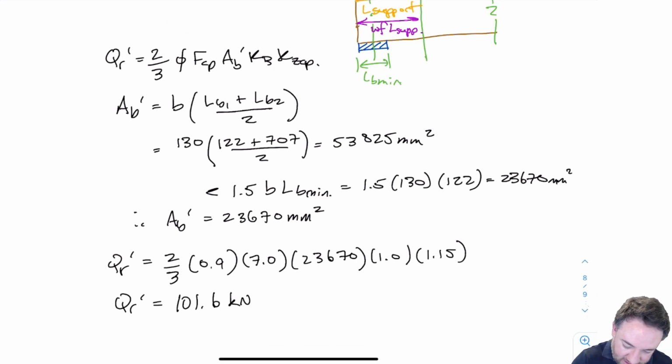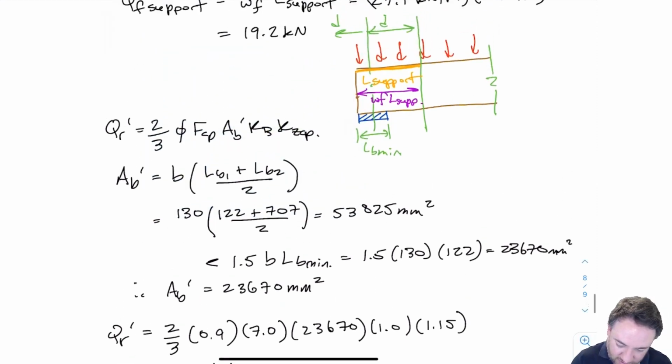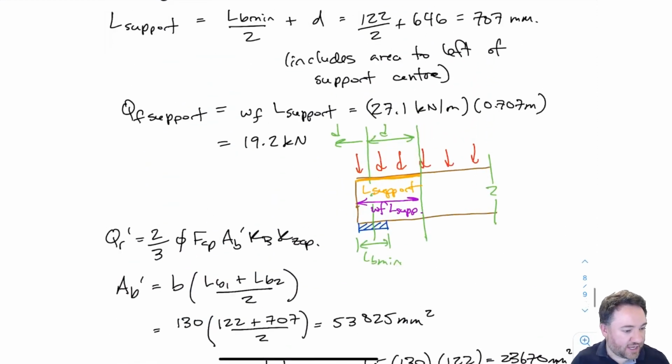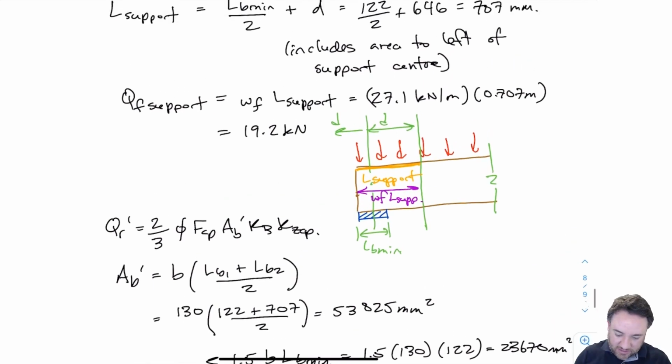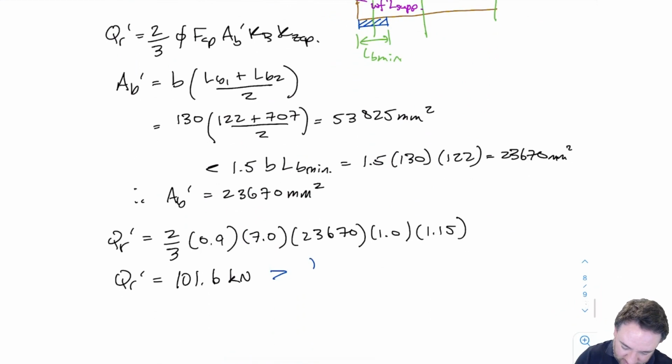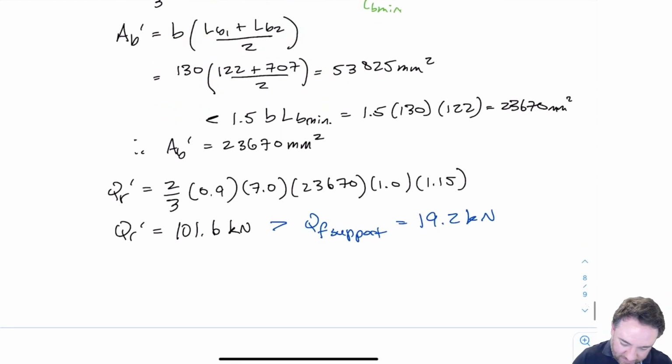And I'm going to check that against our Qf support, which is the applied load that we're checking that against, only that load that goes directly between the top and bottom of the beam, which was 19.2. So that is way bigger.